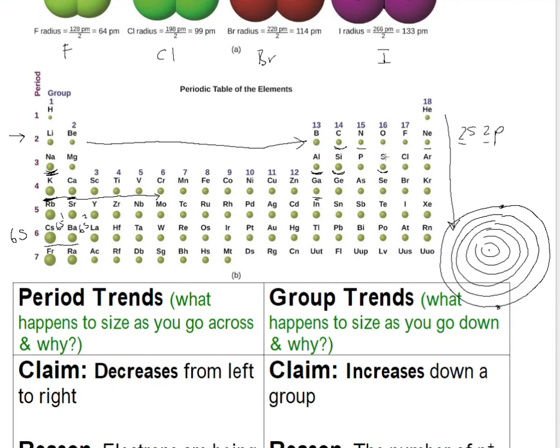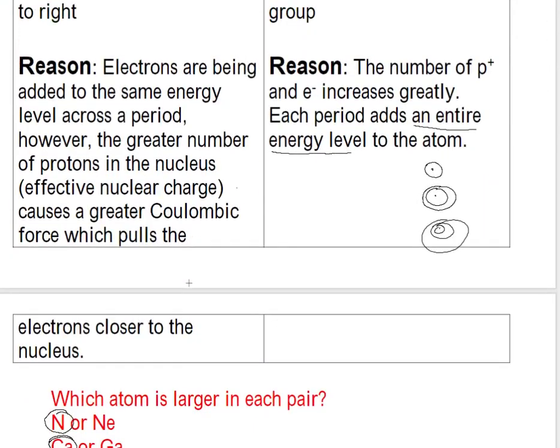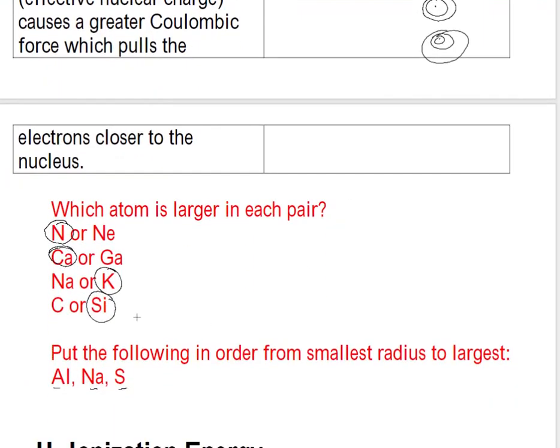So that means the smallest will be S, followed by aluminum, and then sodium is the biggest because it's the farthest to the left. Okay, in terms of their radius.